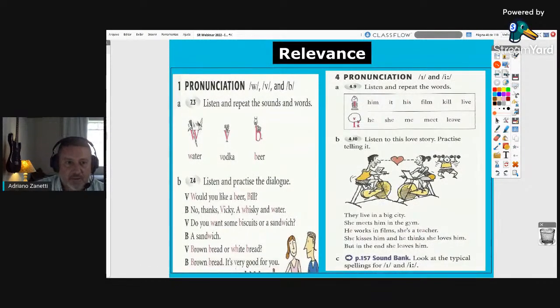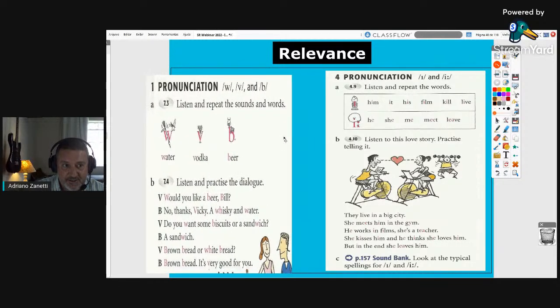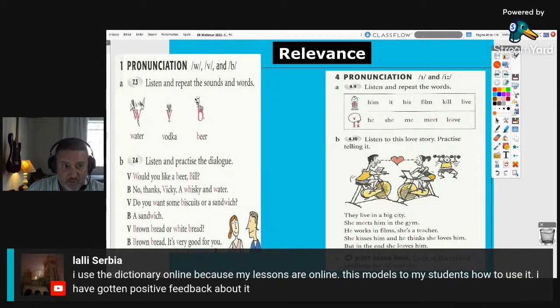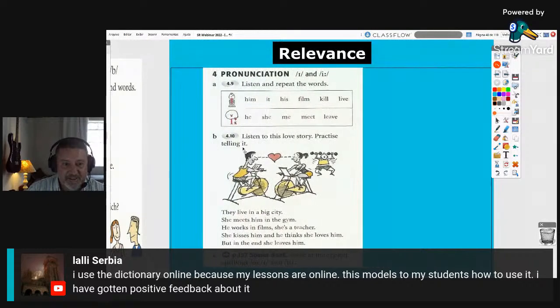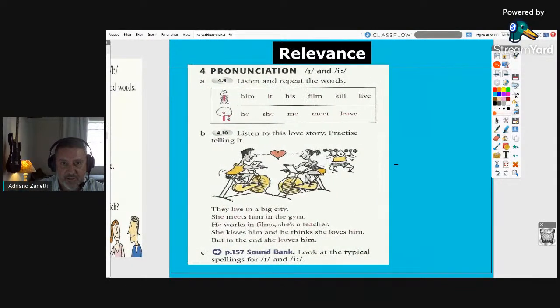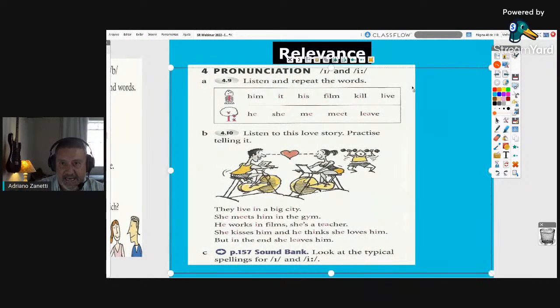Right. In terms of relevance, in a Brazilian Portuguese environment, these three sounds are not problems for us to learn. So in my environment, probably I would not spend time working with these sounds, but I would absolutely invest time working on these ones because A and E are issues in our language.